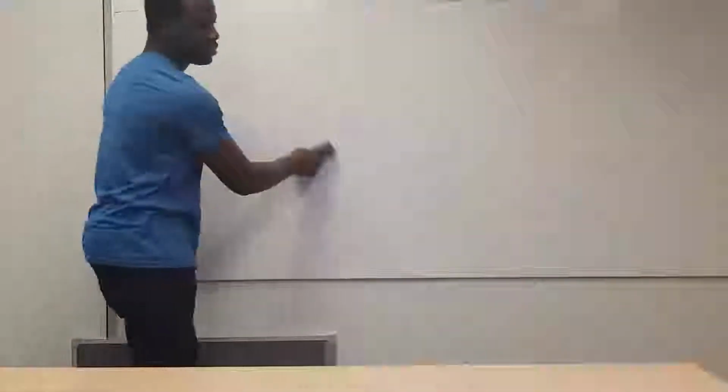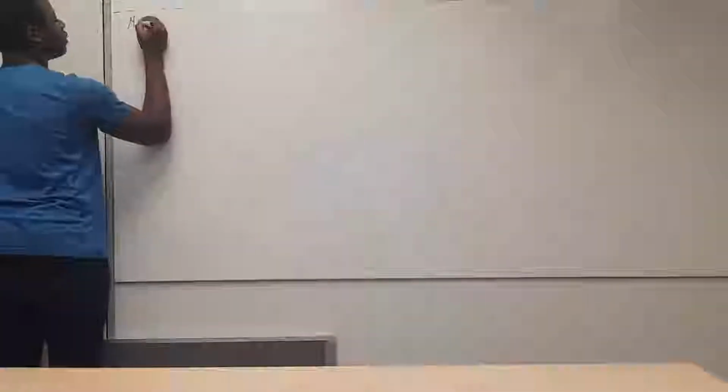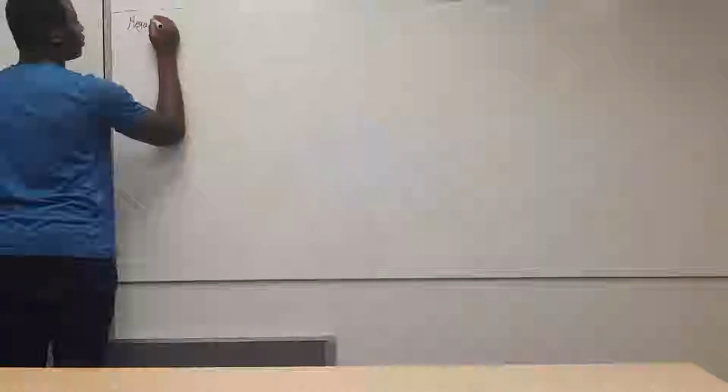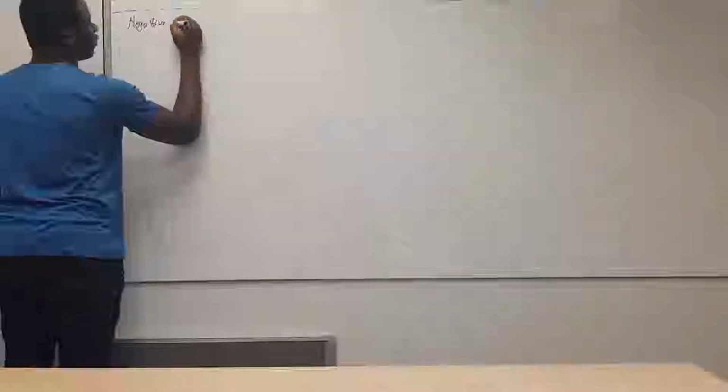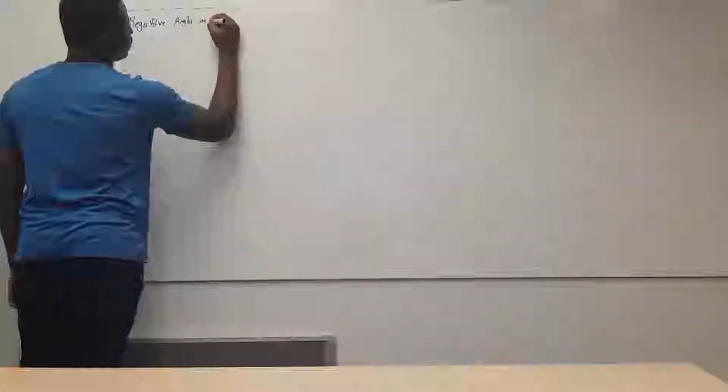Okay, so today I'm going to continue from where I stopped the last time. The last time we learned about, we are entering a subtopic called negative angles and values.